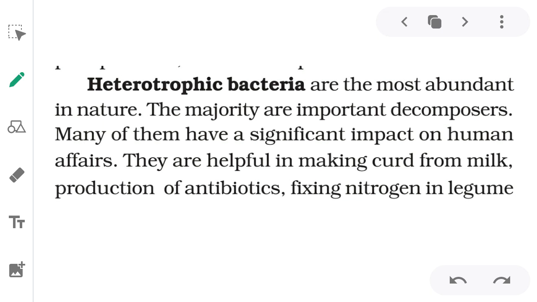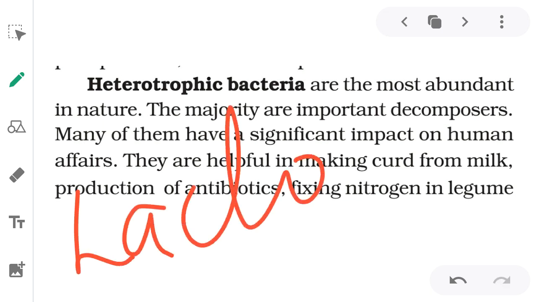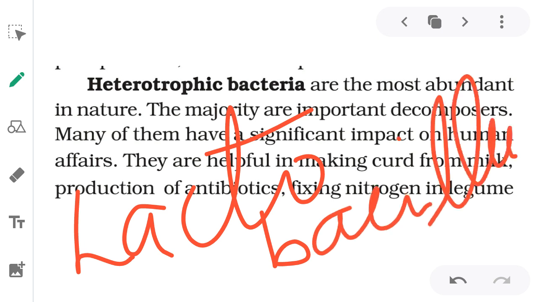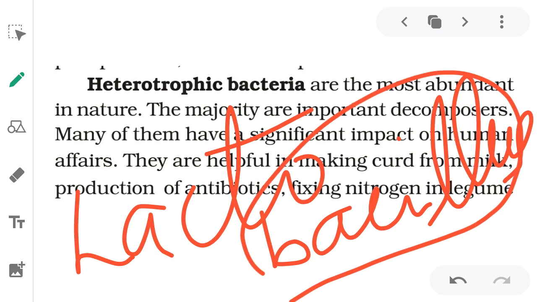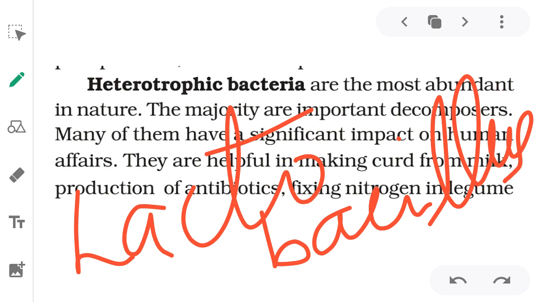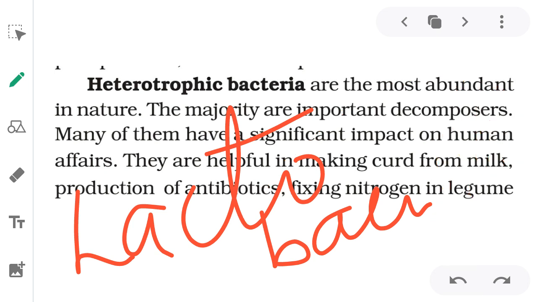They are helpful in making curd, like the curd we use daily at home. In curd, bacteria are responsible for its formation, and the name of the bacteria is lactobacillus. And why do we say bacillus? Because they are rod shaped bacteria. So lactobacillus is present in the curd.